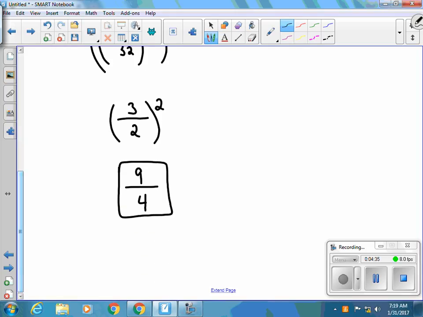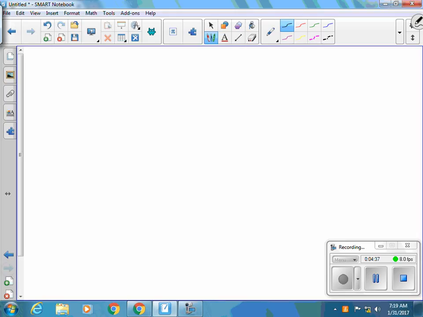Last but not least, if I'm actually solving for a variable, so the first two examples were just simplifying. Let's say I have x to the power of negative 3/5 equals 1 over 8. All right, so same rule applies here.